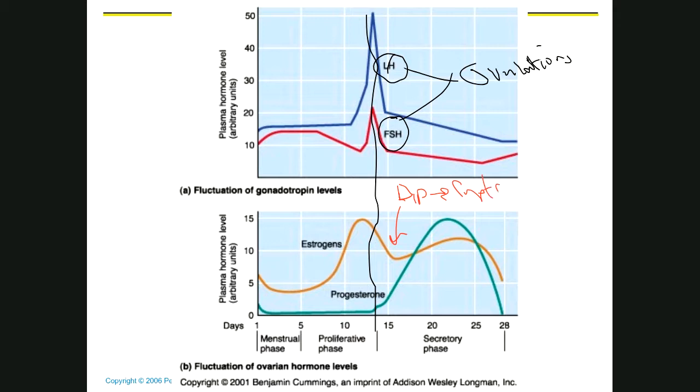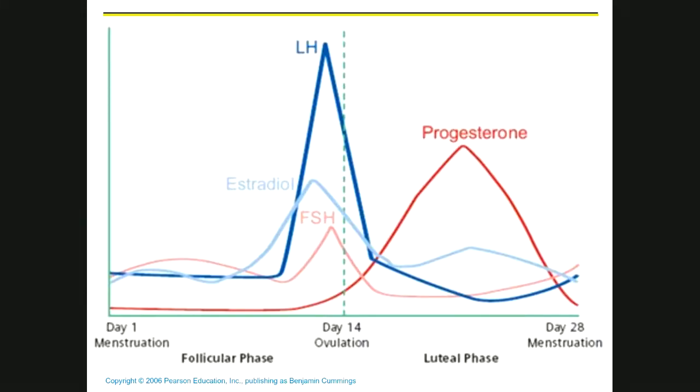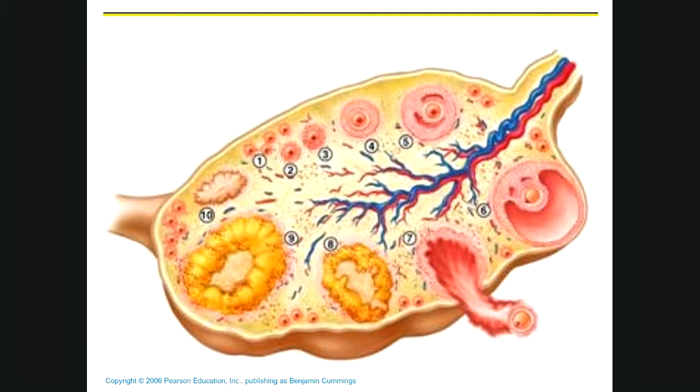But not only does FSH and LH cause this ovulation, LH, remember, stands for luteinizing hormone. And what that luteinizing hormone does is it turns the follicle into a corpus luteum. So that spike, not only is it going to cause this to happen, but it's also going to cause this to happen.